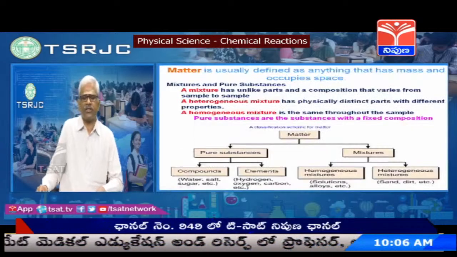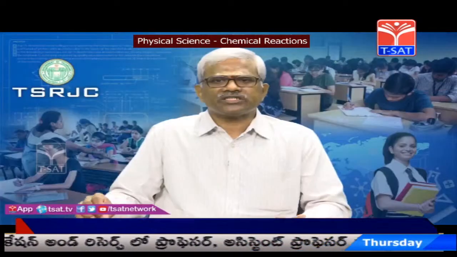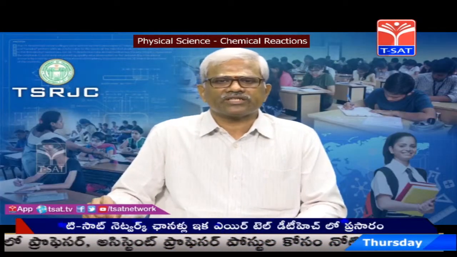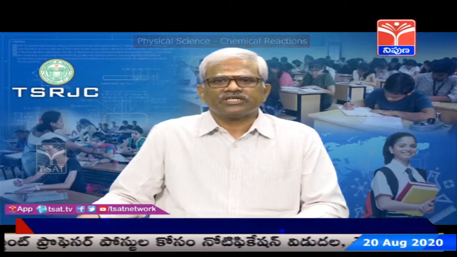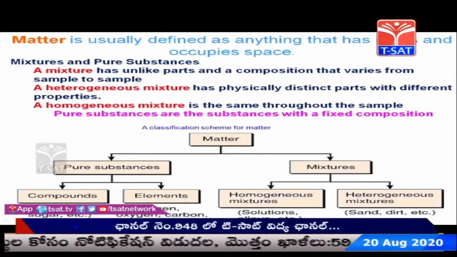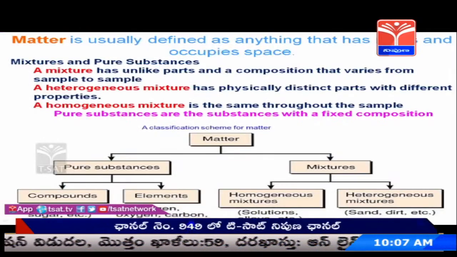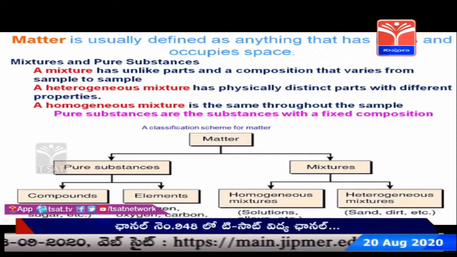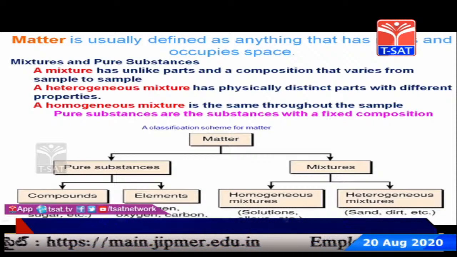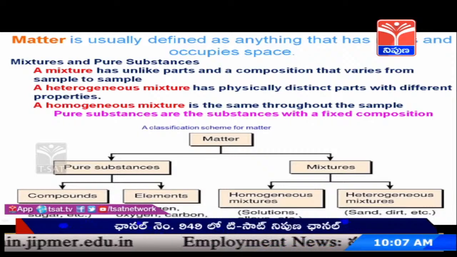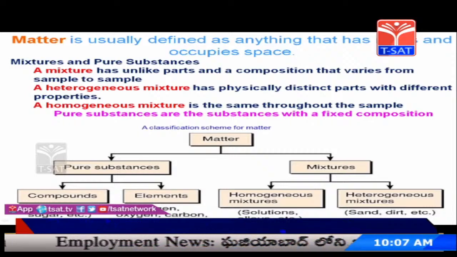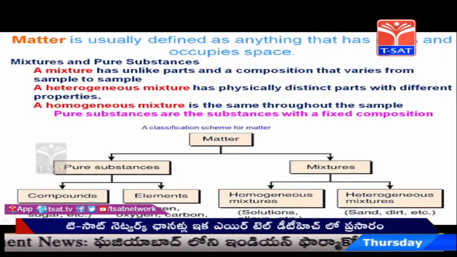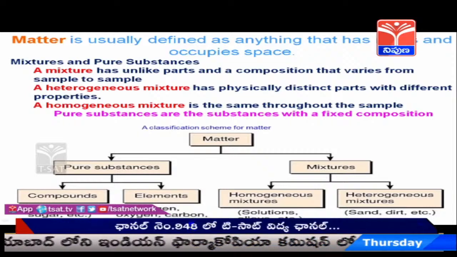So, matter consists of different varieties of substances. What is pure, what is impure? What do you mean by pure matter? Purity means if the substance contains only the same variety of subatomic minute particles, it is called pure.